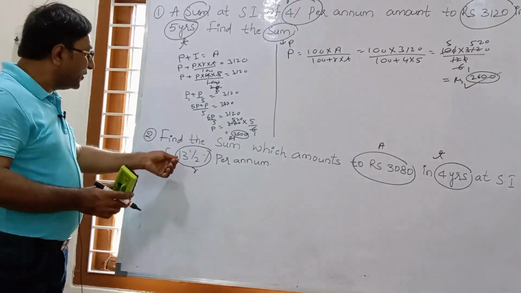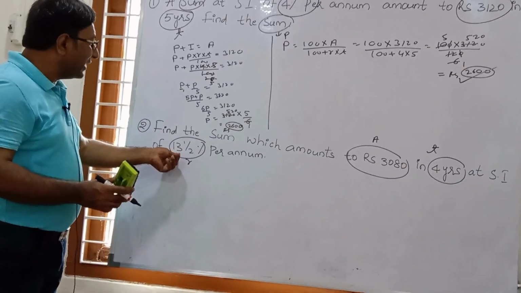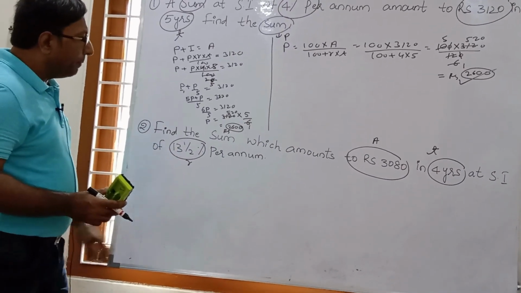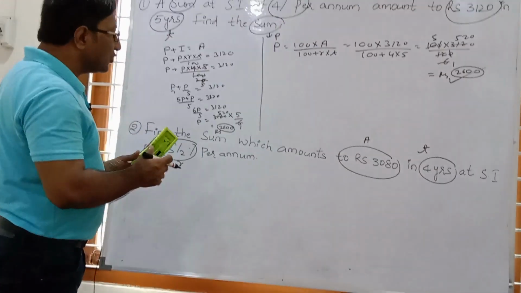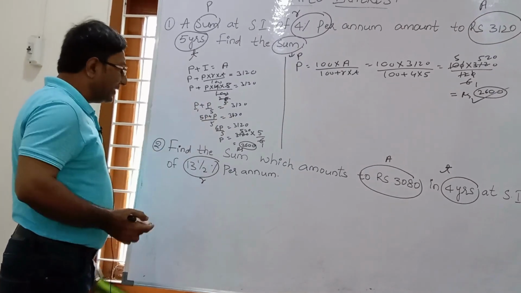A lot of students make mistakes when it is in mixed form. Again we can solve by this technique because A, T and R are known.